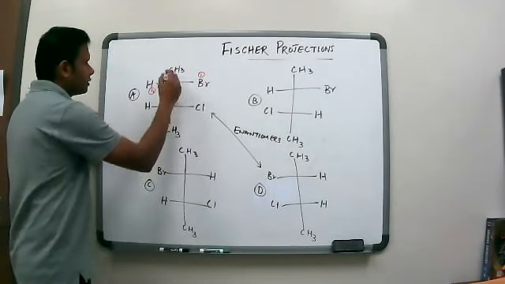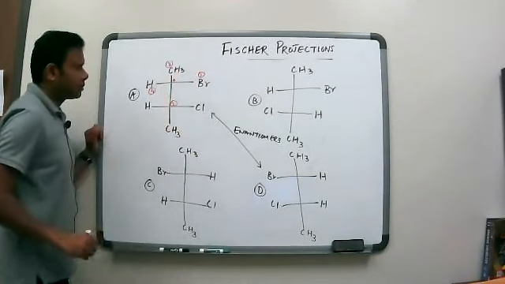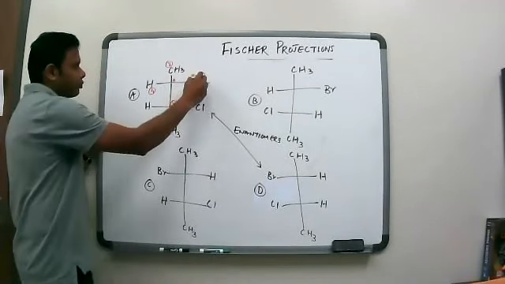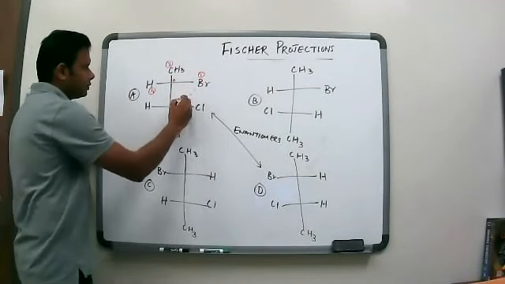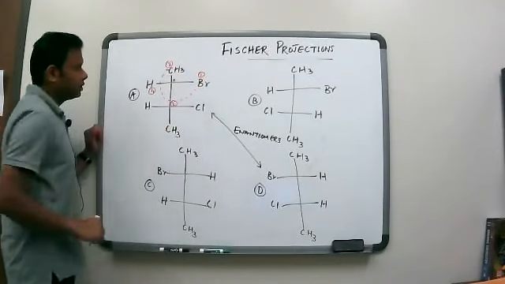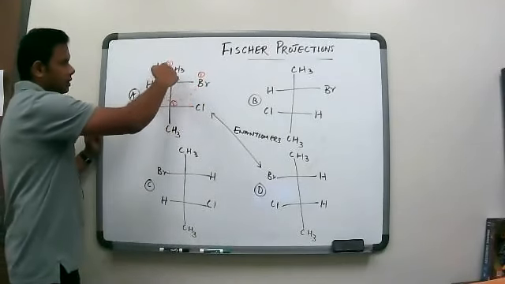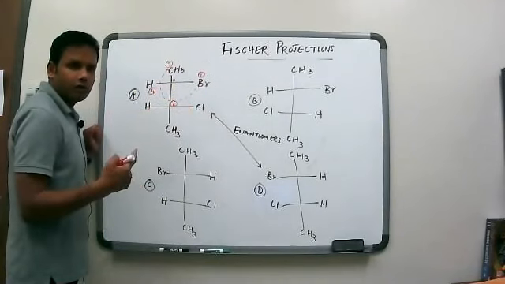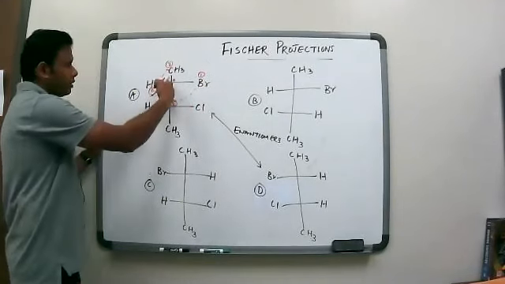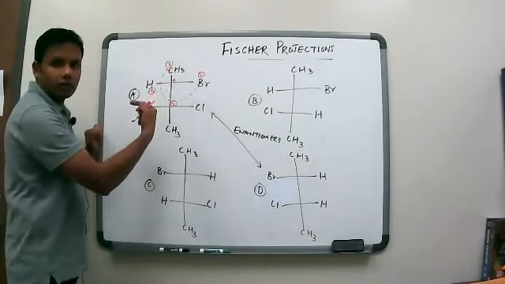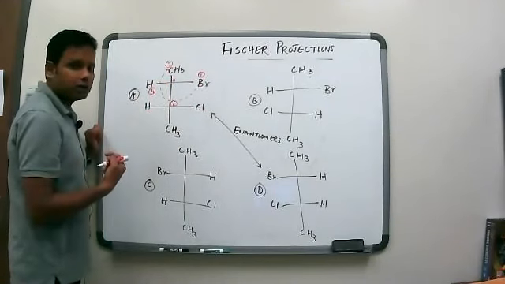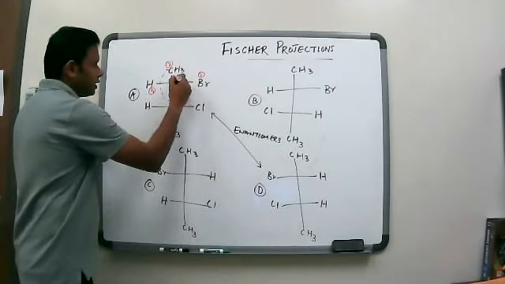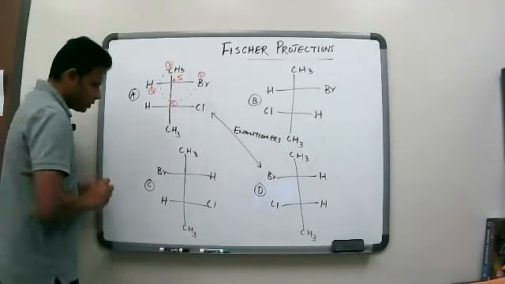So this is second priority, this is the third highest priority. And now in going from 1 to 2 to 3, this is a clockwise rotation, which would mean R, but the lowest priority group is on a wedge pointing towards us. So that means this is an S. That's actually an S.